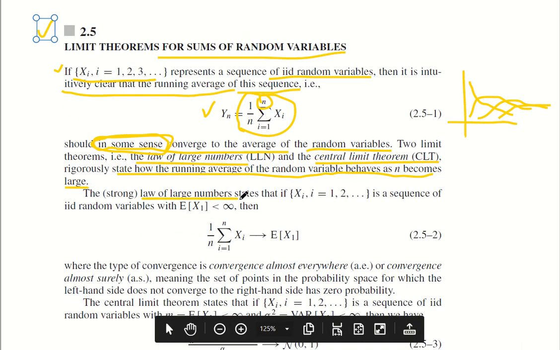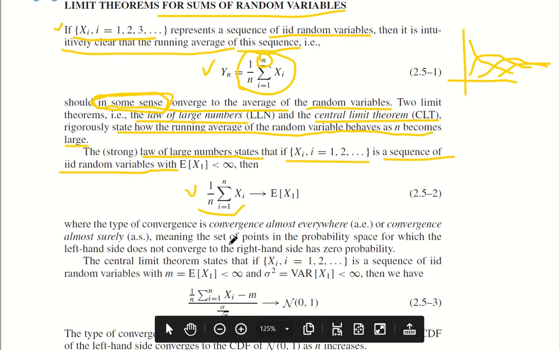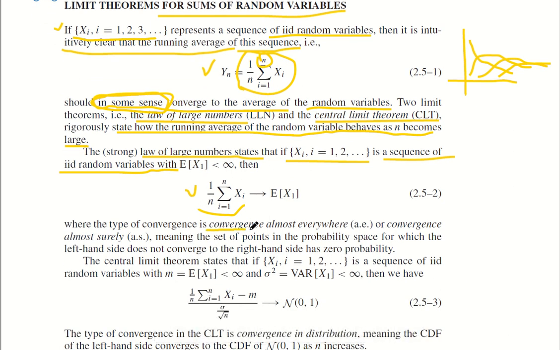So the law of large numbers says that if X is a sequence of IID random variables, then 1 over n summation, which is the average of the random variables, converges to the expectation of X. So it's convergence almost everywhere and convergence almost surely.